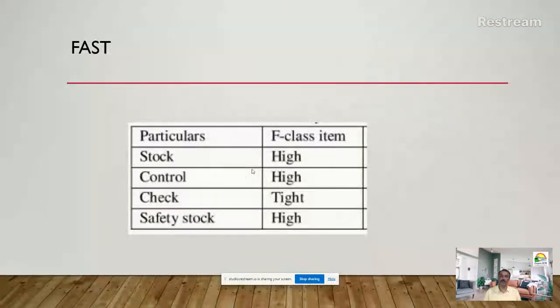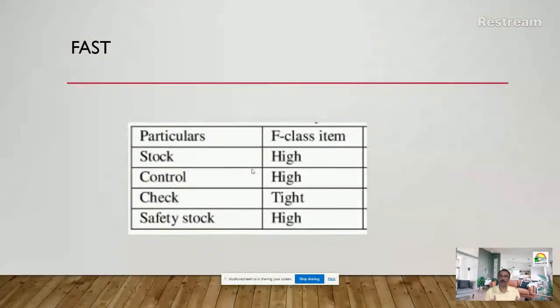So why we have to classify fast moving is that you need to treat this inventory differently. Like we know in ABC, we give preferential treatment for A class, whereas C class we treat differently. Same way, inventory management for fast moving items should also be a different approach. For example, stock should always be available.